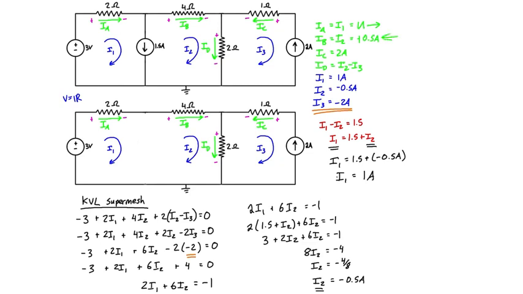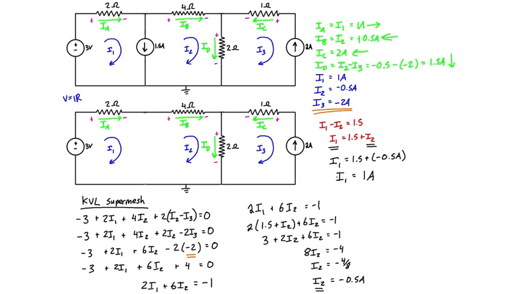IC we already determined that the current was 2 amps going to the left, and then ID is just equal to I2 minus I3. And if you're plugging those in directly, we have negative 0.5 minus 2, and that is positive 1.5 amps, or basically the positive means we have the correct direction, which we assumed it to be going down, so it is in fact going down.